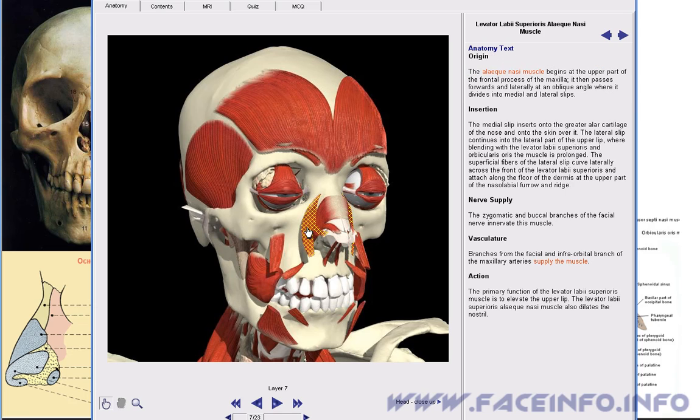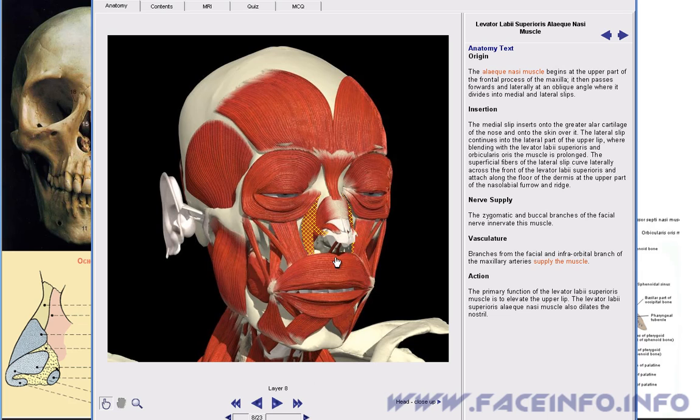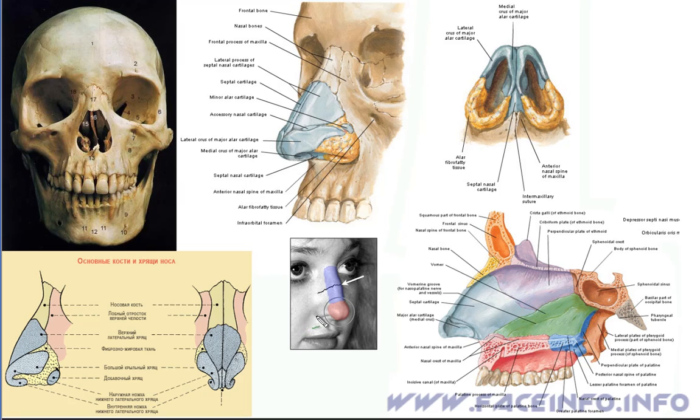And this muscle, levator labii superioris alaeque nasi muscle, raises the upper lip and the wing of nose. These are nostrils and wings of nose. They are formed by skin from outside and inside, and some fat tissue in between.